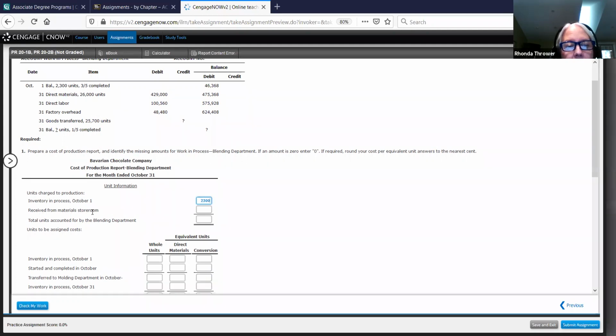If we were the molding department, we could have received some materials from the blending department. But in this case, we're the first department preparing a cost of production report. So we're bringing the materials from the material storeroom into production. Right here, it tells you that you had direct materials of 26,000 units that you brought into production.